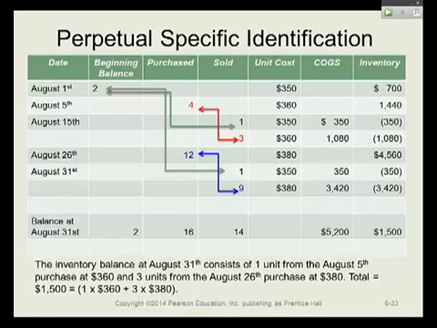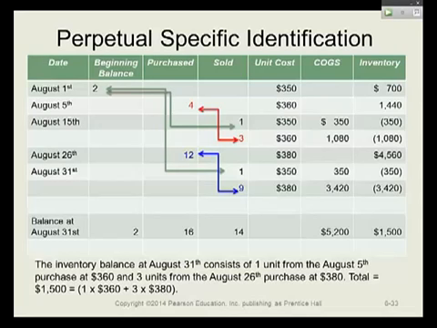But what I wanted to point out is how much is the total allocation between ending inventory and cost of goods sold? 6700, correct? So you now are allocating for the month of August $5,200 to cost of goods sold and $1,500 to ending inventory. So if we go back to our base illustration, in this example, if you take specific identification, cost of goods sold is $5,200 and ending inventory is $1,500.